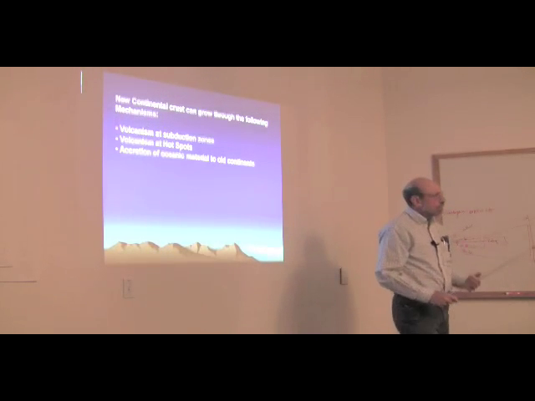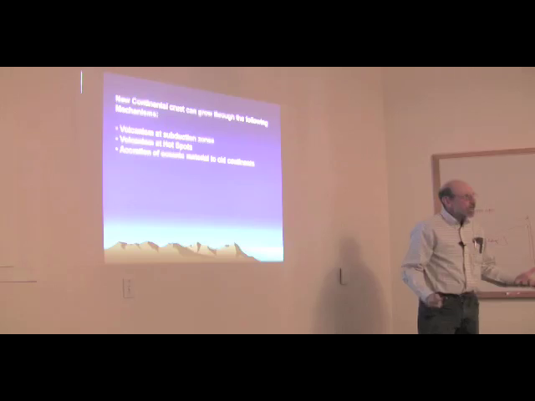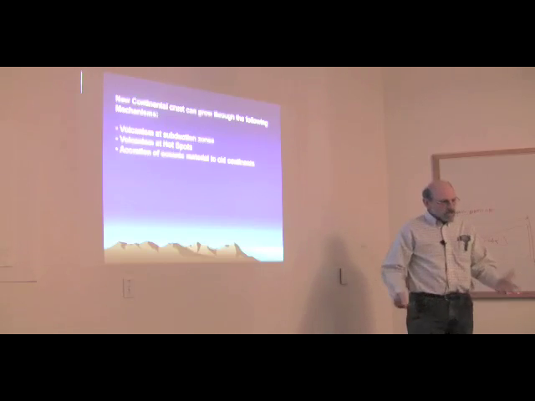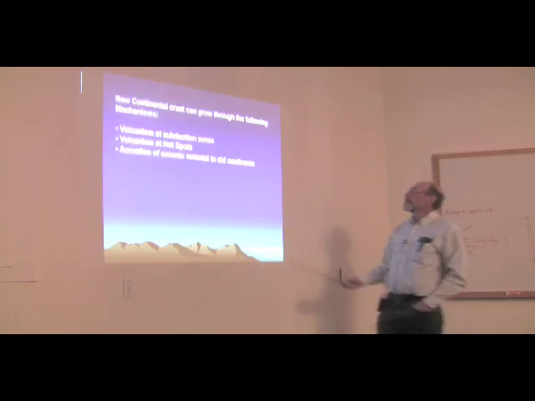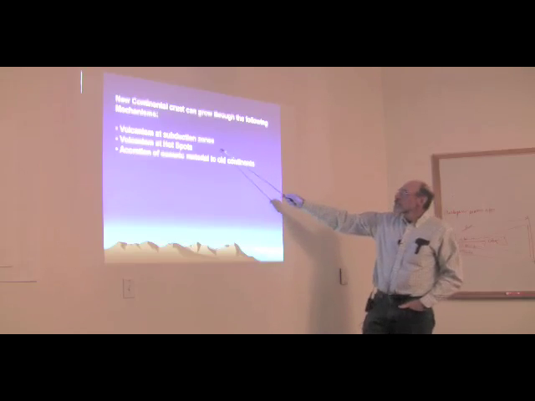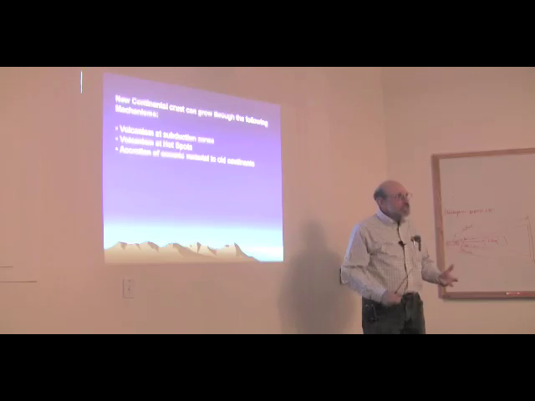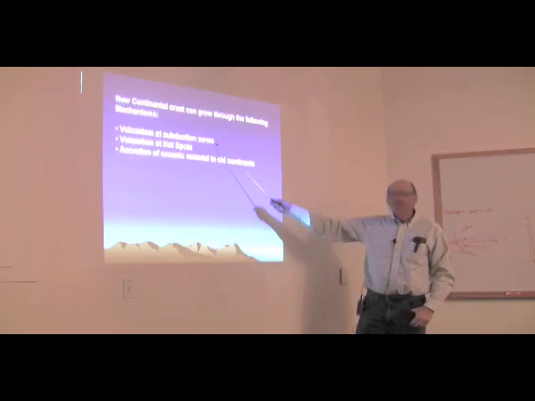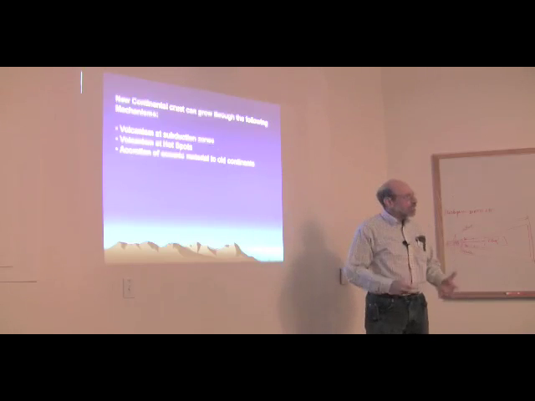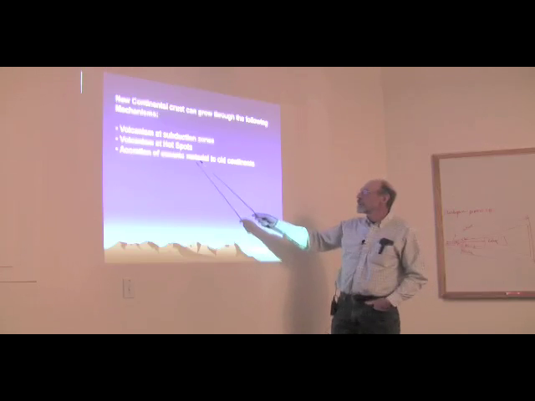So there's two parts of the equation, the growth part and the destruction part. So I'll start with the growth part. Continental crust can grow by volcanism or magmatism at subduction zones, island arcs that form in subduction zones.